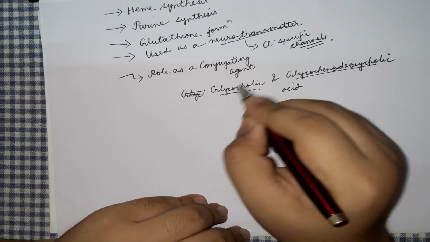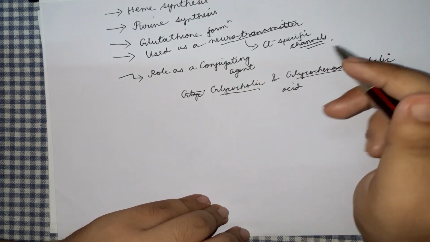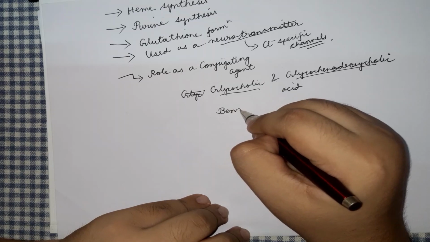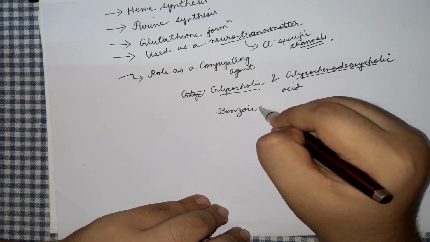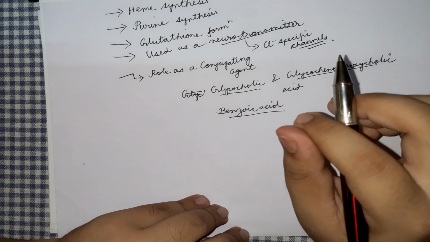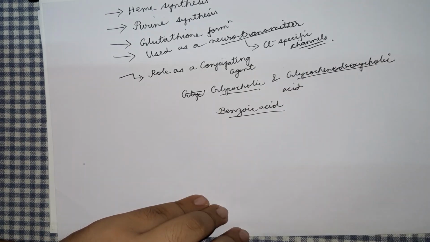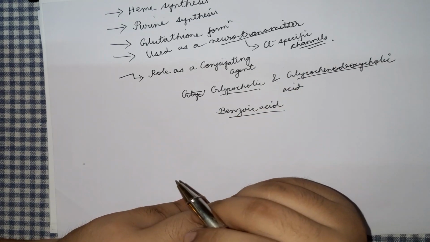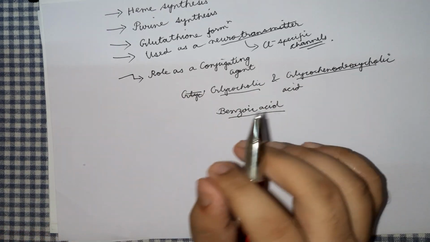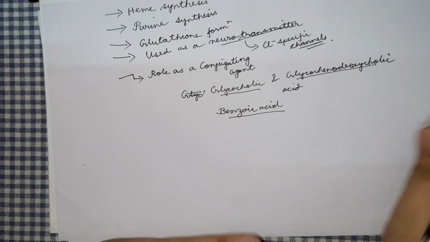Another example is not that of the bile acids but that of benzoic acid. Now this is important, hear me out. When I say this is important, it means it has a clinical correlation, because as I have said 1,000 times before in my videos, this is a professional course and whatever you study has got to have some clinical correlation.